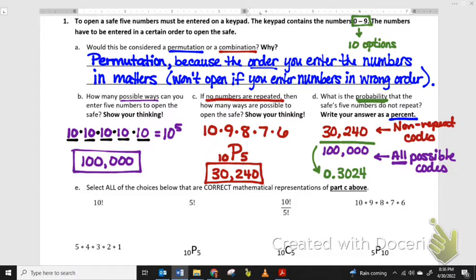So now how do I write it as a percent? Yes, we're going to move the decimal point 2 spaces, or the equivalent of multiplying by 100, and that will give us 30.24%.